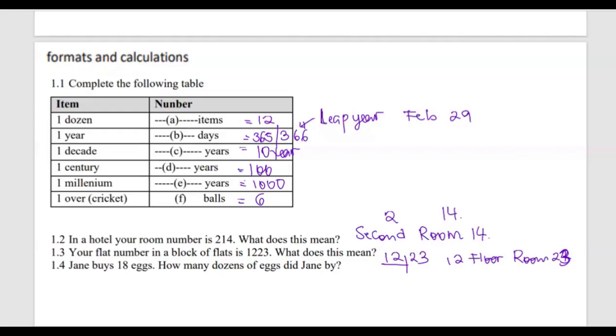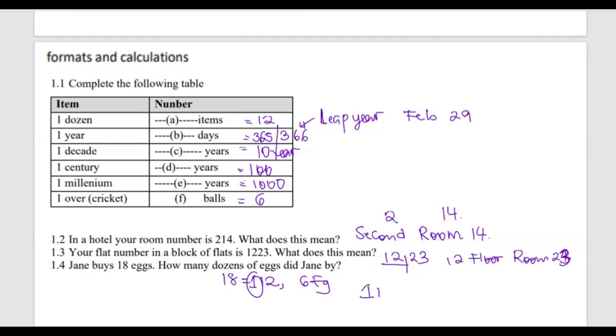Question number 1.4. It says, Jen buys 18 eggs. How many dozens of eggs did Jen buy? She bought 1 dozen and 6 eggs, because 1 dozen equals 12. So there are 18, we're remaining with 6 what? Eggs. So she bought 1 dozen and a half.